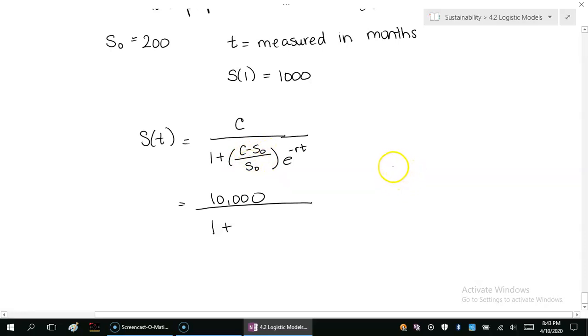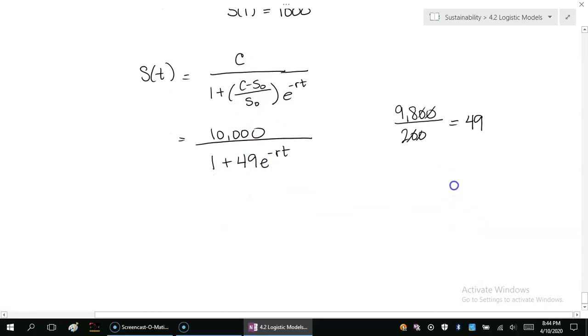C minus the initial value is going to be 10,000 minus 200. That gives us 9,800. And S sub 0 is 200. All those zeros cancel, so I get 98 over 2, and that simplifies to 49. So this coefficient here is just going to be the number 49, e to the negative rt.